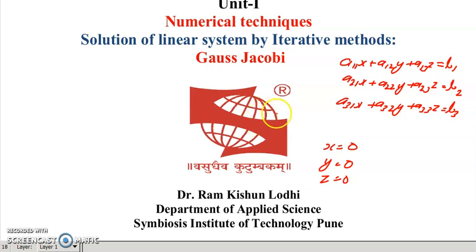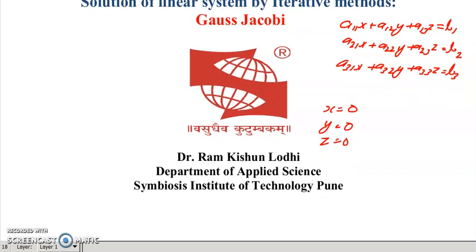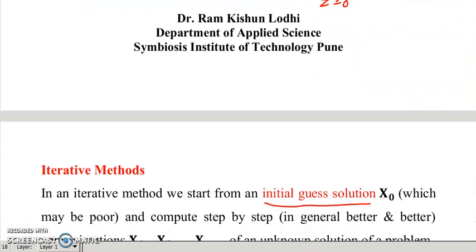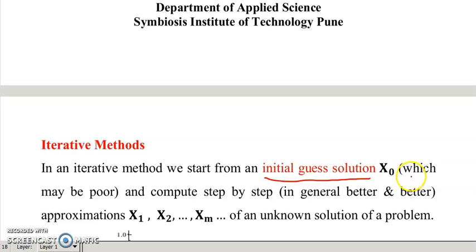If it is given in the question, that is our initial approximation, and the initial approximation is very poor, meaning it is not our required solution. Then we have to go to the next step to compute a better approximation, and we have to continue this process till the required result is obtained.